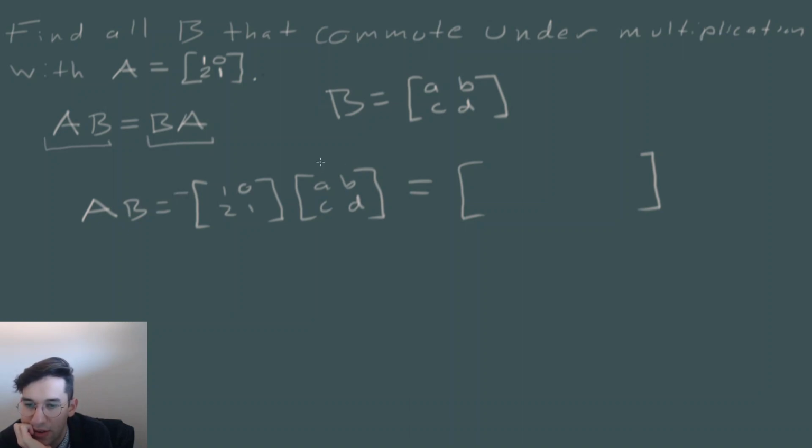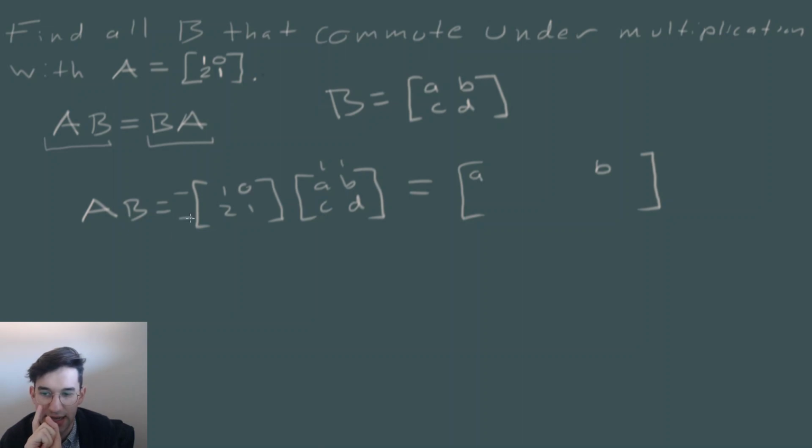So let's start with first row, first column. 1 times A is just A, plus 0 times C, which is 0. So just A. Next, first row, second column. 1 times B is B, and again we get 0. So we're just going to get A and B on the top. They're kind of lonely up there.